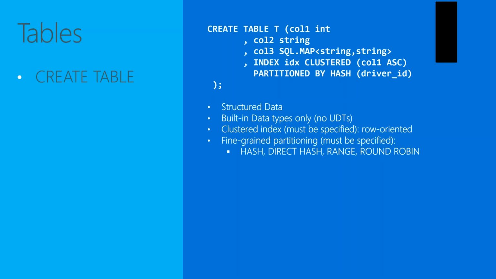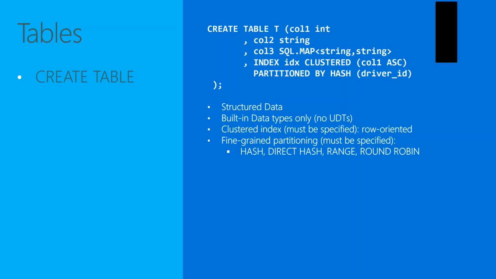It just makes the internal data organization more efficient for future processing. At the moment, the only data types that we allow inside columns are the built-in data types. The clustered index, as I mentioned, has to be specified, otherwise you cannot load data into a table. The current table format is row-oriented. We are working on a columnar format as well that hopefully will become available at some point within the next half year to a year.